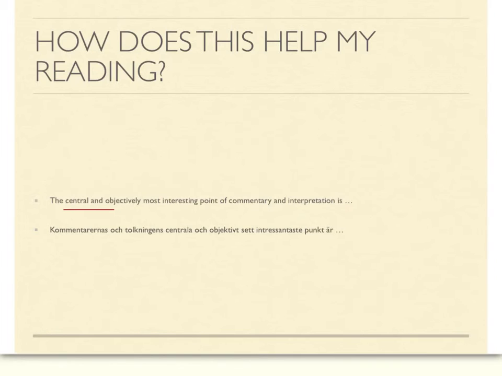And then the central and objectively most interesting point becomes centrala och objektivt sett intressantaste punkter. And the of here becomes the s's here. Okay? So the central and objectively most interesting point of commentary and interpretation becomes kommentarernas och tolkningens centrala och objektivt sett intressantaste punkter.